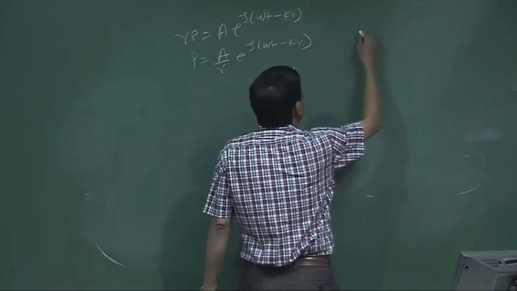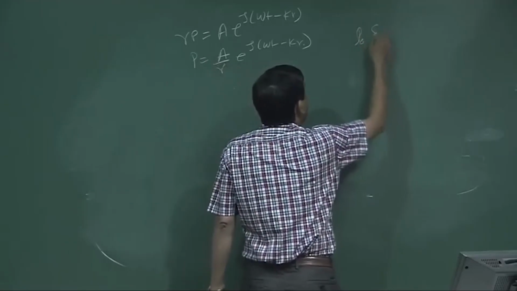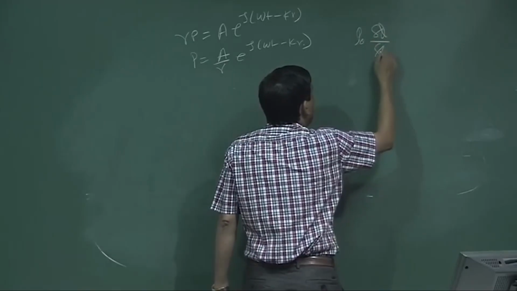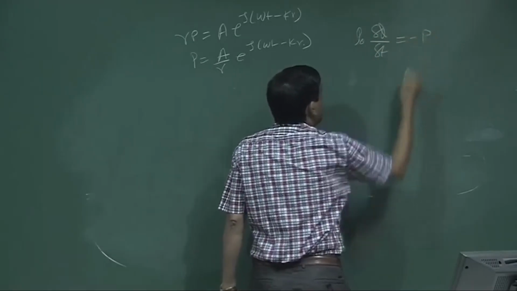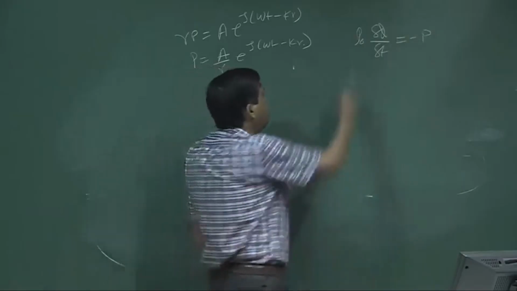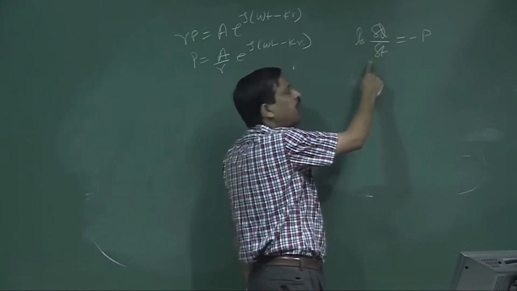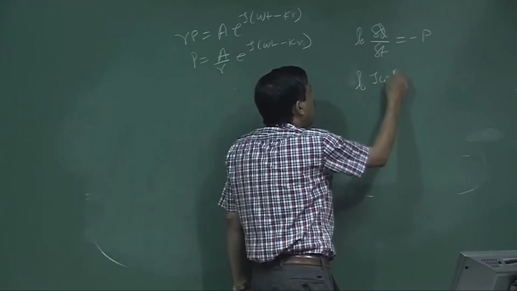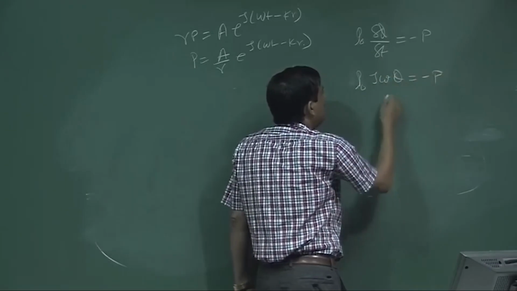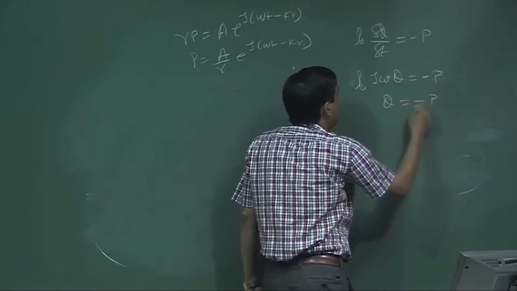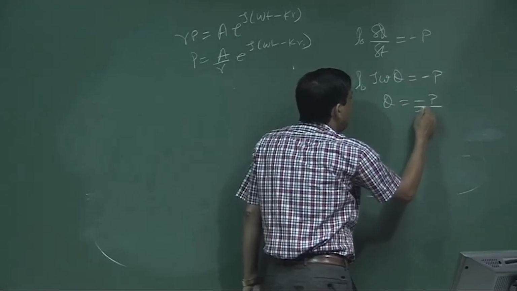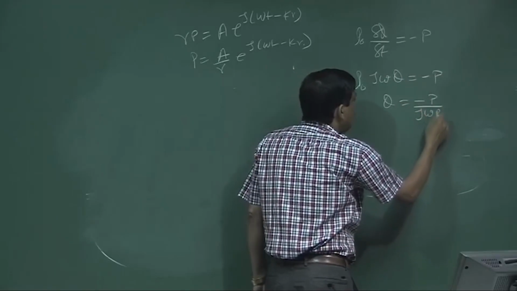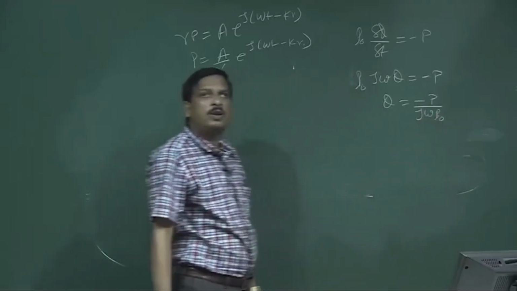It is written that rho 0 del phi by del t is equal to minus p. We said that del by del t we always write as j omega. So, rho 0 j omega phi is equal to minus p, so phi is equal to minus p divided by j omega rho 0, the velocity potential.